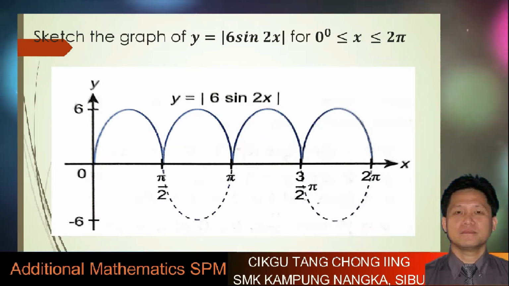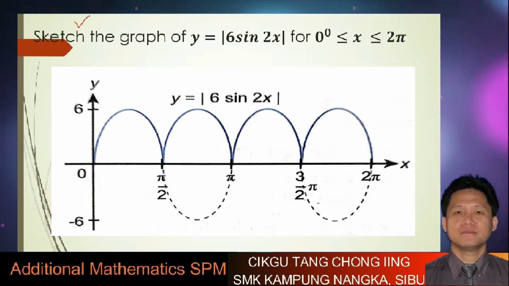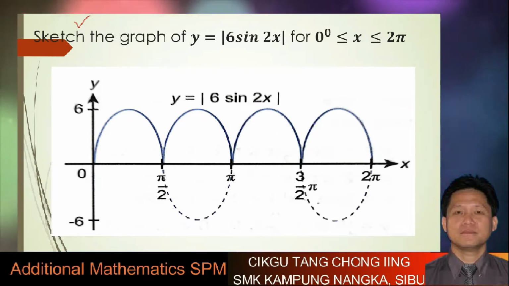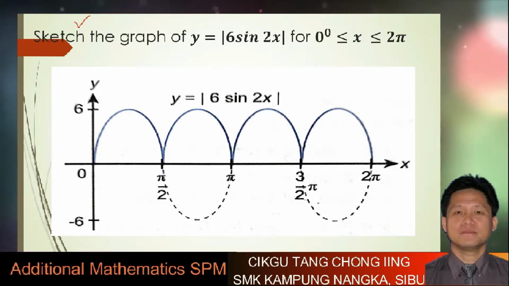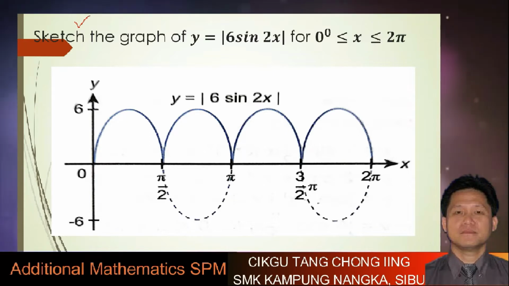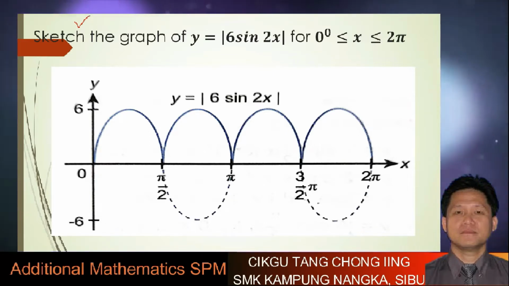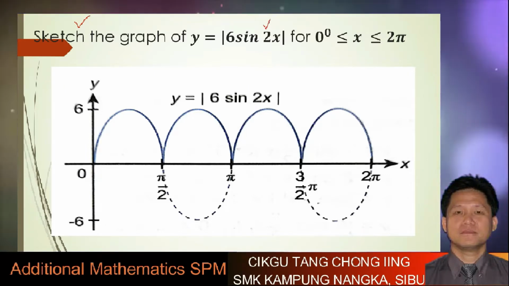Next, what if we are asked to sketch the graph? Sketching the graph, then we do not have to use a piece of graph paper. So sketch the graph of y equals the modulus of 6 sine 2x. Now we have 2x here. This is b.